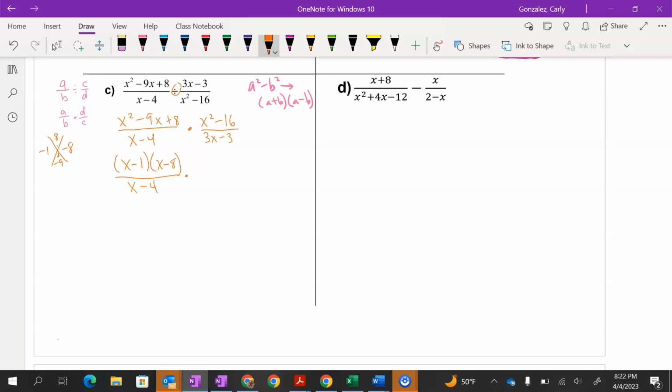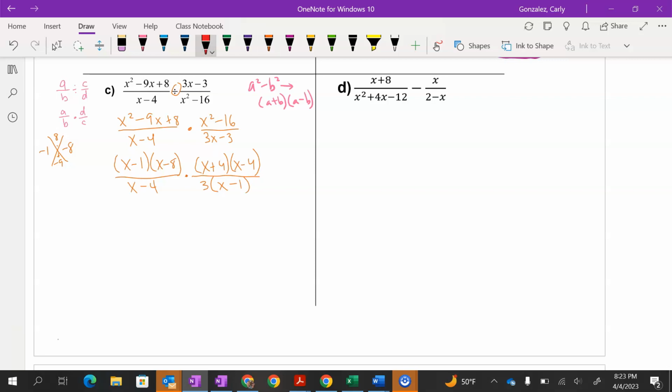So since both x squared and 16 are perfect squares of x and 4, then we can factor x squared minus 16 into x plus 4 times x minus 4. And lastly, on the bottom right, 3x minus 3, there is a GCF of 3. So we factor out the 3 and we're left with an x minus 1.